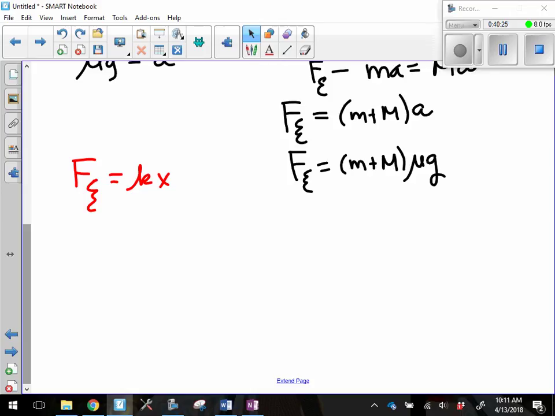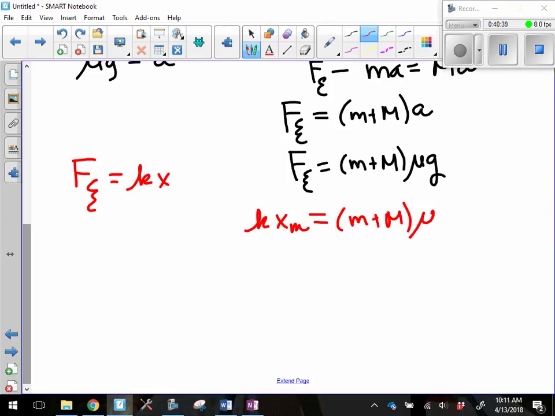Okay, so if I substitute this in and I say kxm, that's going to be the biggest value I'm going to have. Okay, that's going to be where the force is going to be at its maximum. Yes, you do. So that tells me that my xm is going to be little m plus big M mu g over k.